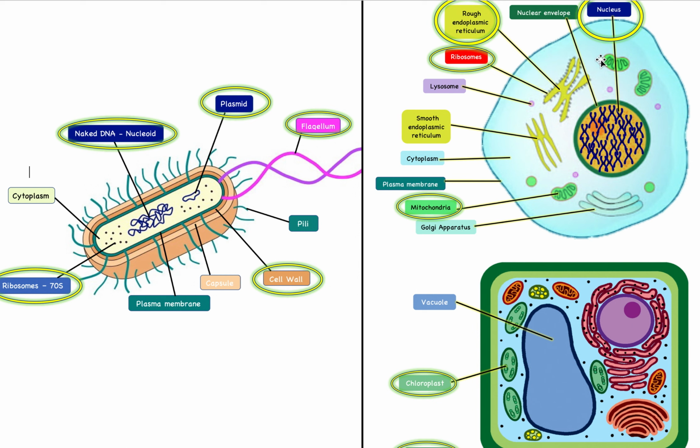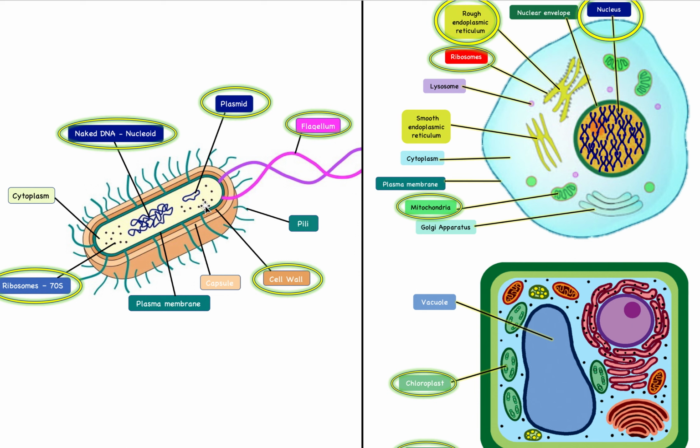So for example, there's a membrane surrounding this mitochondria, and there's a membrane surrounding this rough endoplasmic reticulum. There's a membrane surrounding the nucleus. Everything is compartmentalized. There are different compartments, a compartment for the nucleus, a compartment for the mitochondria, a compartment for this, and a compartment for that.